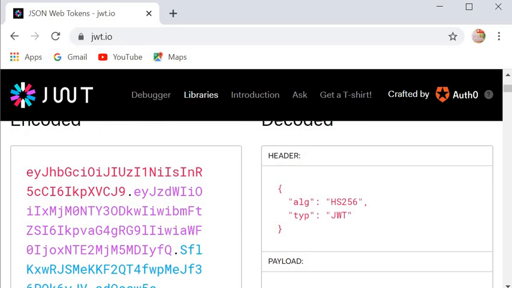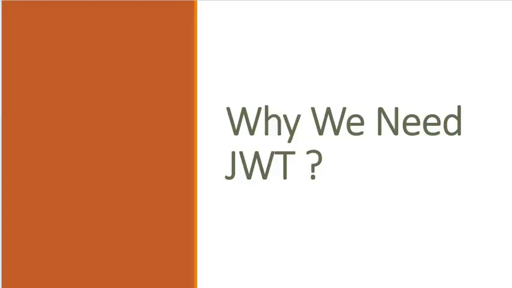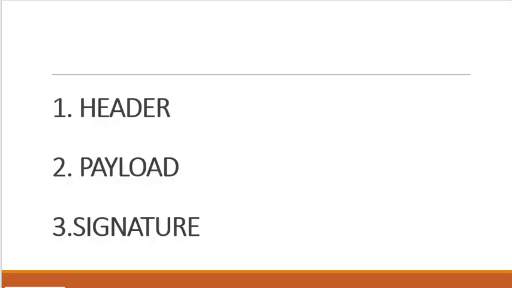And this is the token that is in encrypted form. It is a string separated by dots. It contains mainly three parts: header, payload and signature, separating each part by a dot.